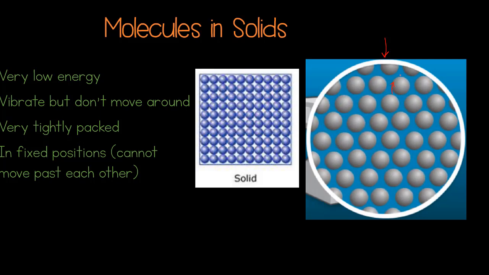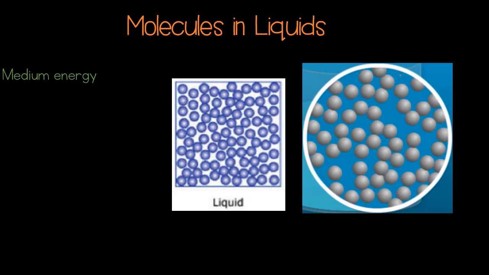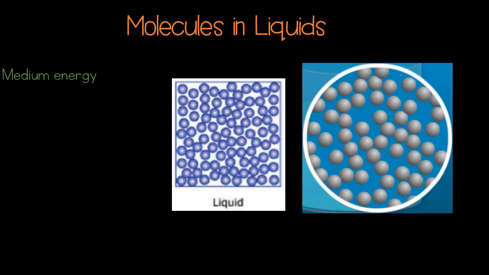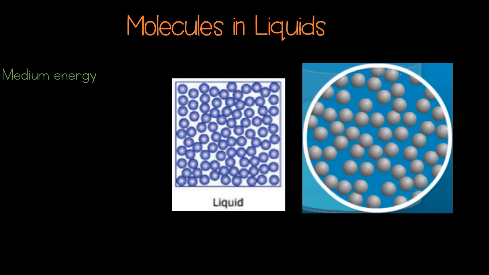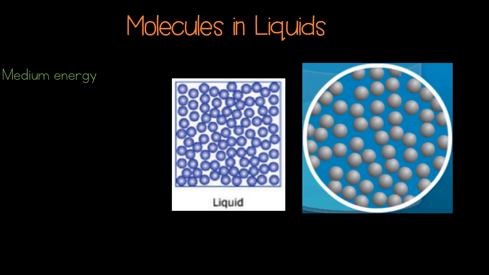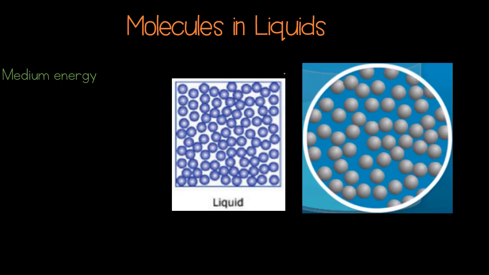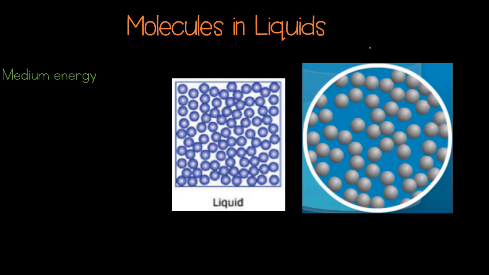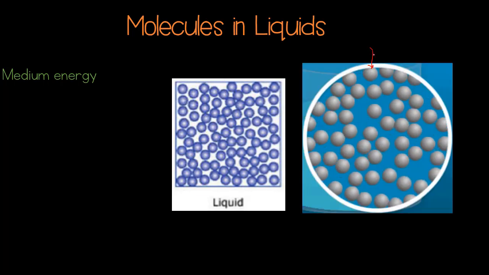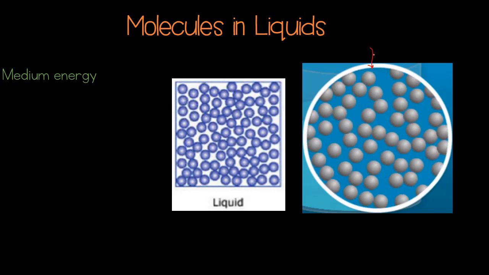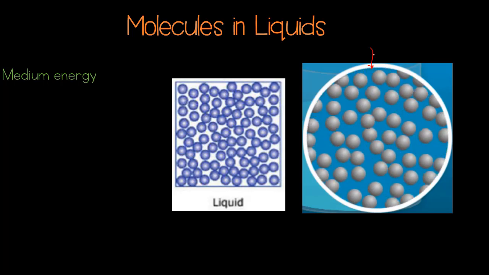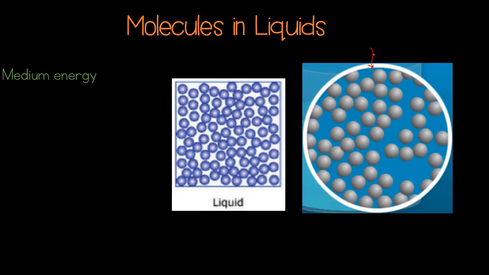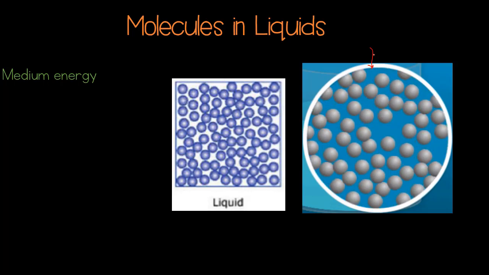Now, the molecules in liquids have more energy. We'll say that they're medium energy. Because they have more energy, they're still slow, but you'll see that they're moving around a little bit faster than the solid molecules, and they're moving around more. And this causes them to bump into each other and push each other, which causes them to spread out a little bit.